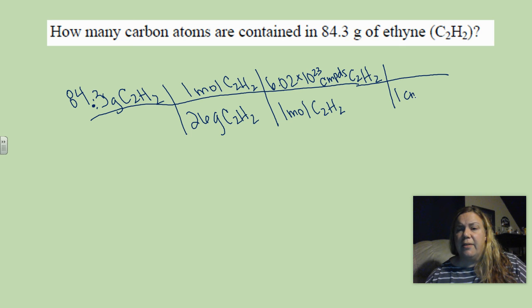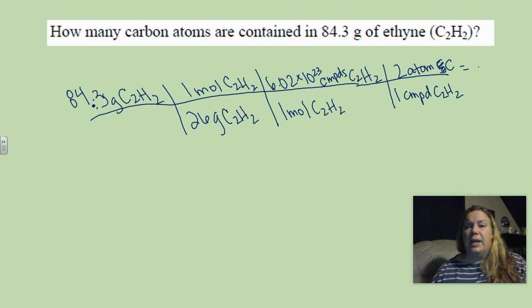So for every 1 compound of C2H2, we have 2 atoms of carbon. Then we want to calculate it out. We take 84.3 times Avogadro's number times 2 divided by 26.